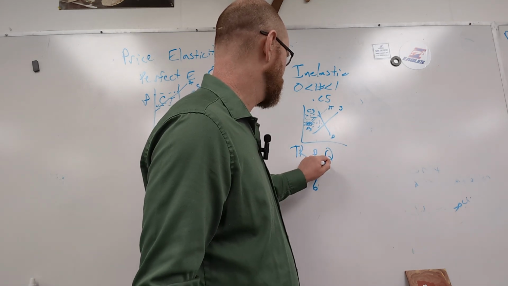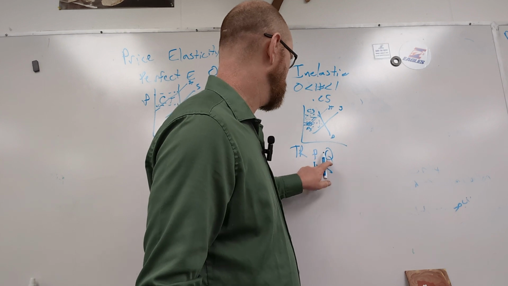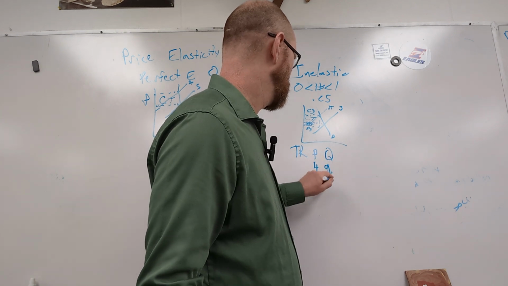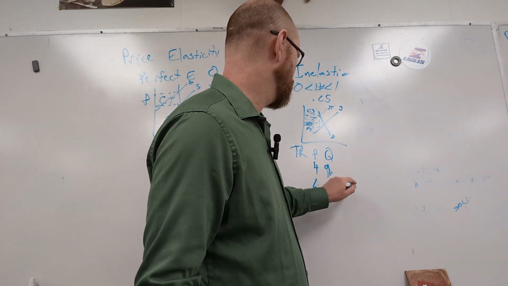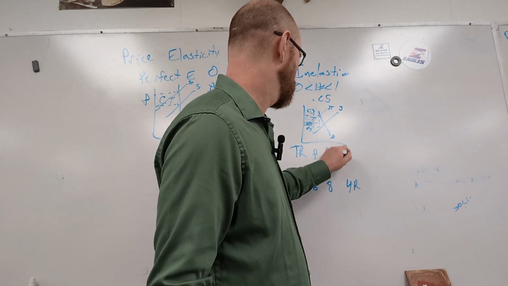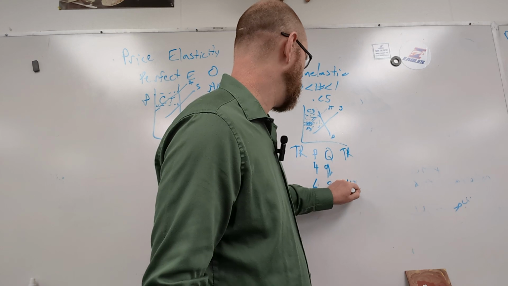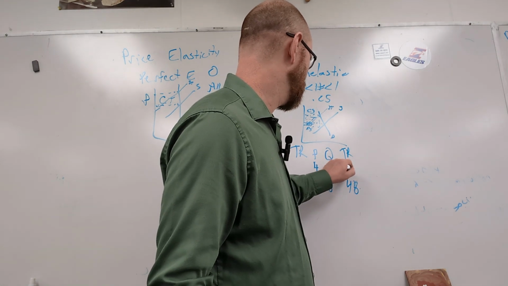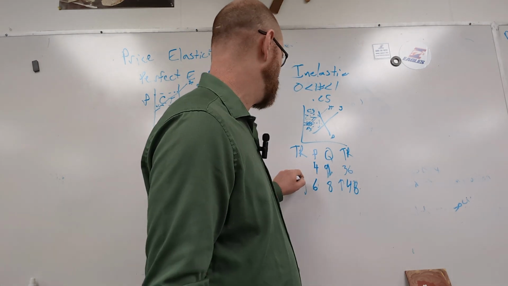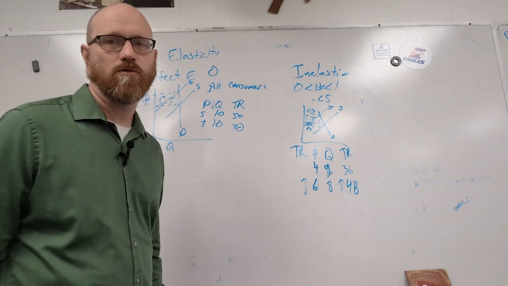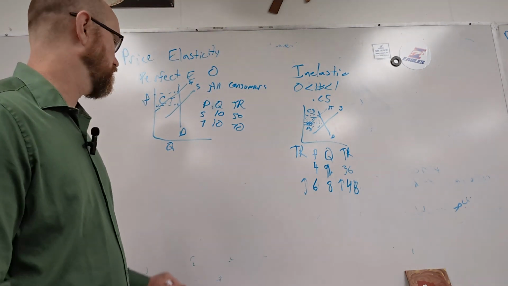Price went from 4 to 6. Quantity went from 9 to 8. And that's going to create an increase in total revenues. Put TR where it should be. 48, and then this would be 36. So because total revenues increase as price increased, therefore it's an inelastic good.